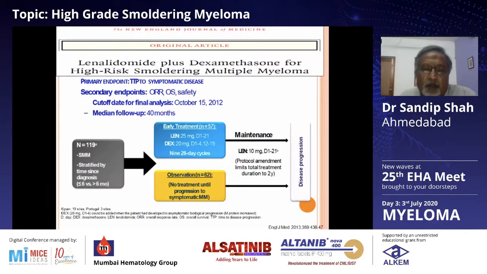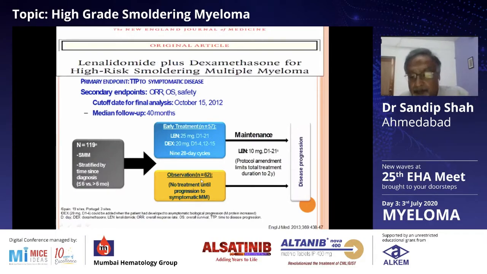So there were two landmark trials which changed practice. The first trial was published in the New England Journal of Medicine in 2013, the QuiRedex trial, where lenalidomide plus dexamethasone was given for high-risk smoldering multiple myeloma patients.